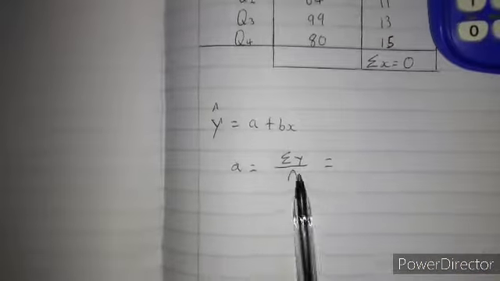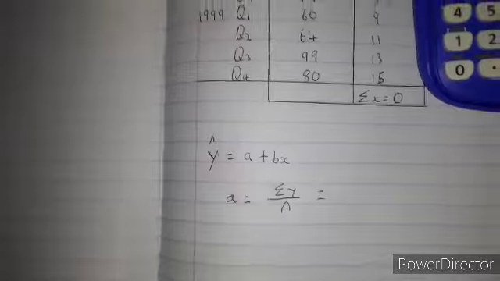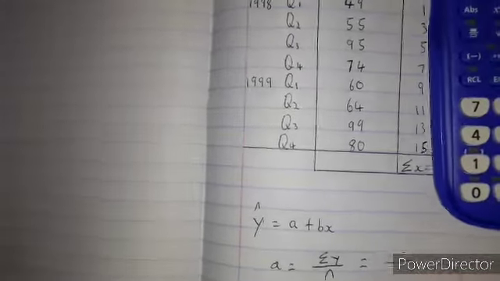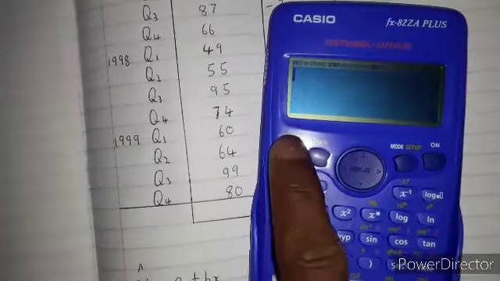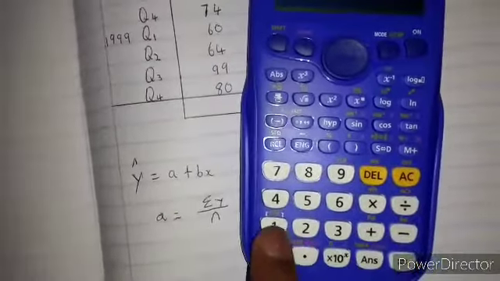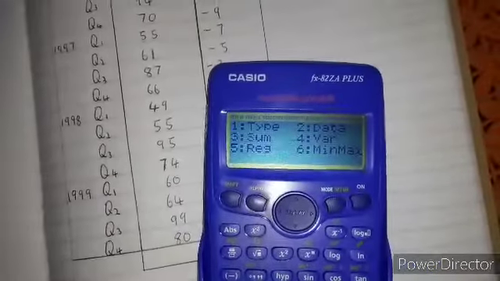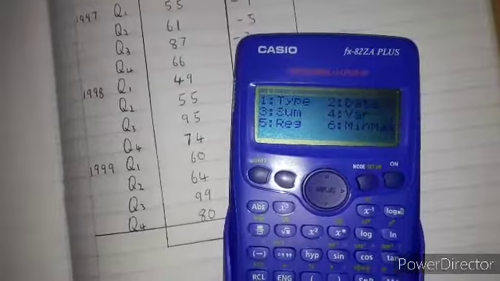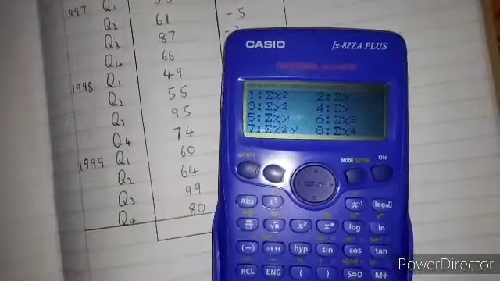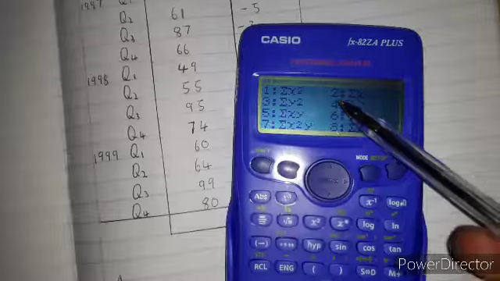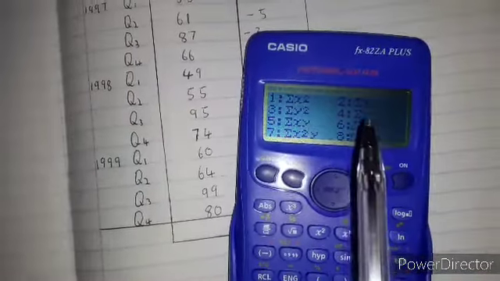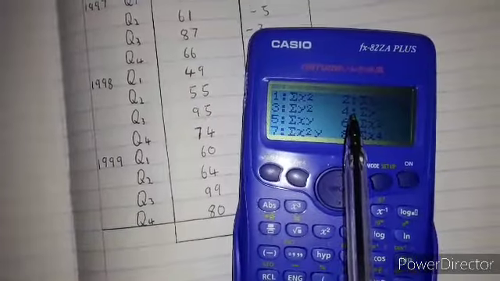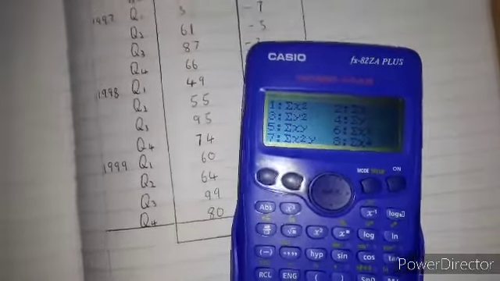We want the sum of y. Now we are substituting into the formula. Press shift 1. Then go to sum, option number 3. We have all the sums, but we are looking for the sum of y, which is option number 4.